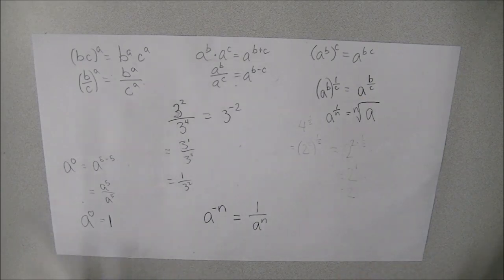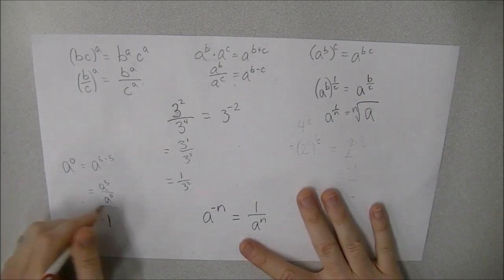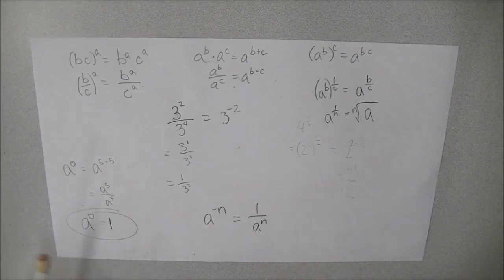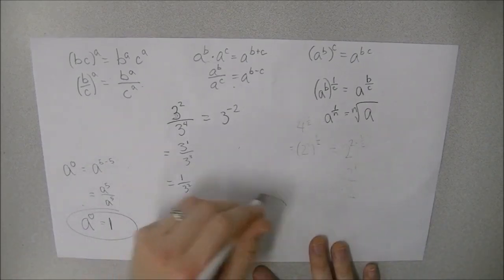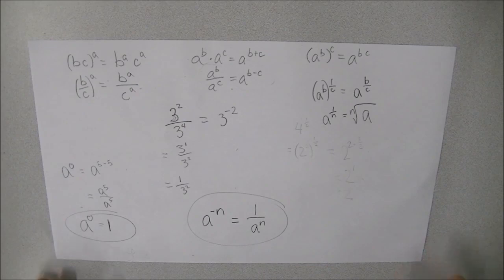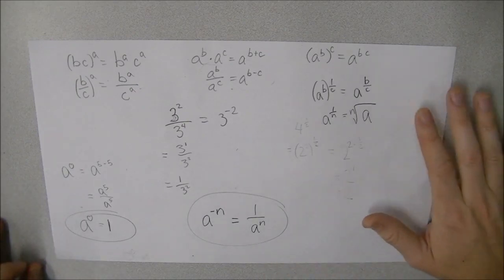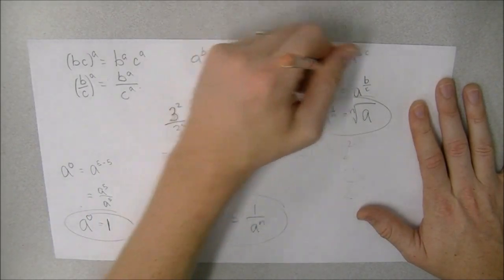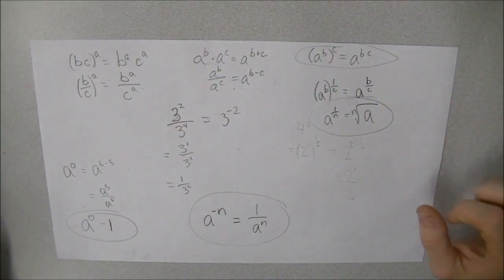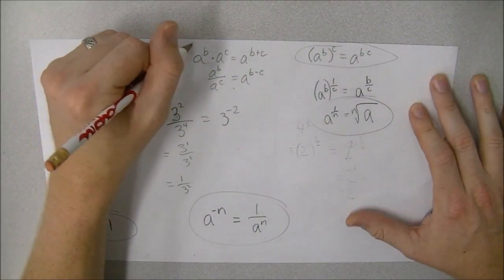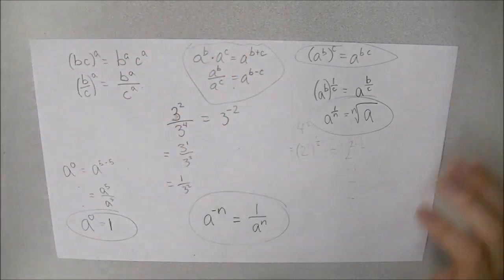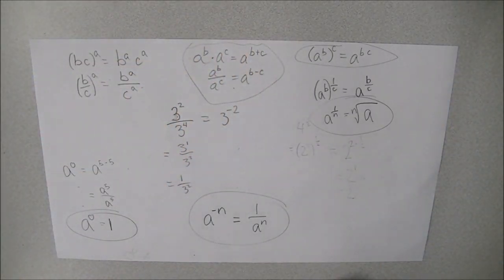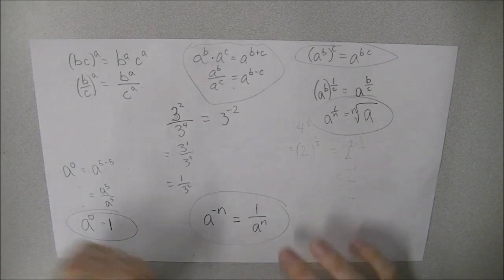Okay, so those are our exponent rules. Anything to the power of 0 is 1. We talked about negative exponents, that just reciprocates things. We talked about fractional exponents. We've got exponents of exponents turns into multiplication. If you have the same bases, the exponents either add or subtract, depending whether you're multiplying or dividing.